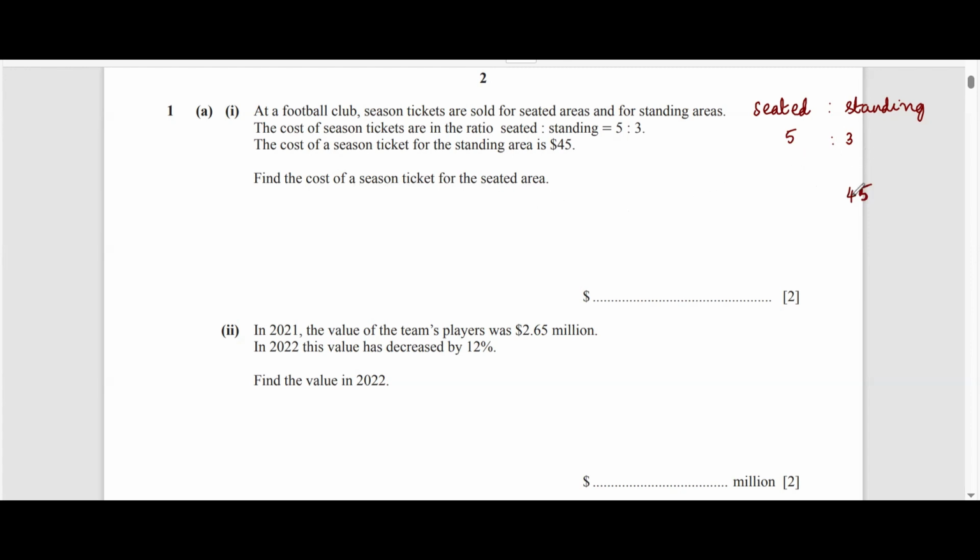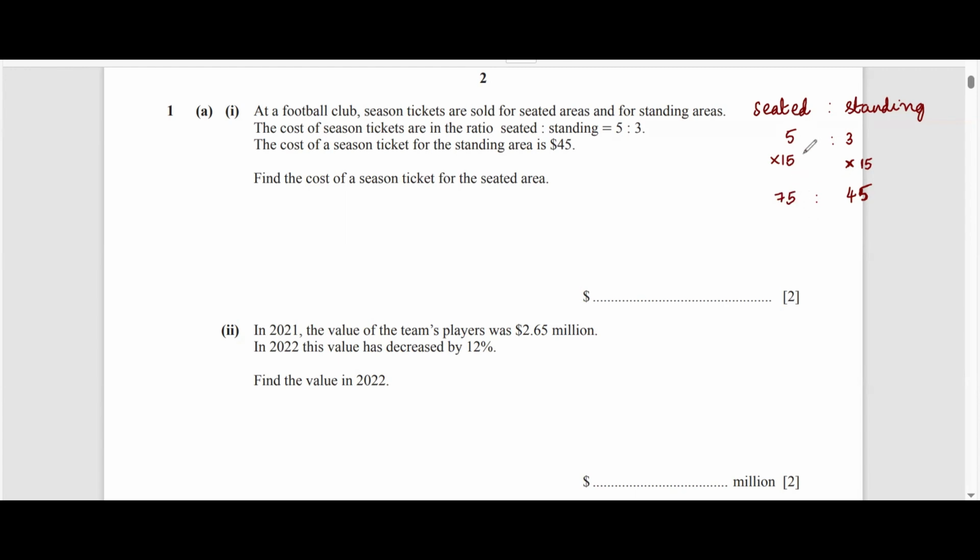So for standing, it's $45. The ratio is 3. So 3 times what gives you 45? 3 times 15 will give you 45. So the same thing we need to use for seated. Seated, the ratio is 5. So when you multiply by 15, what will we get? 5 multiplied by 15 is 75.